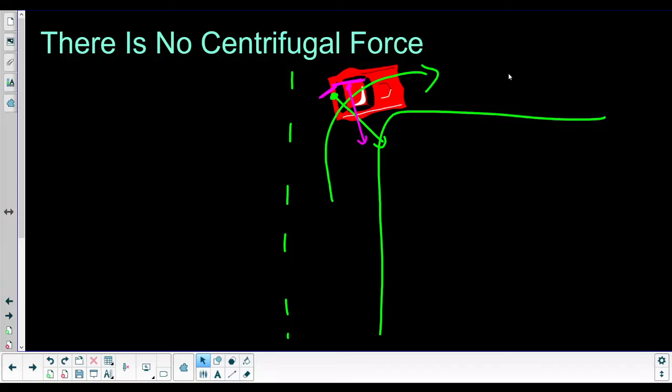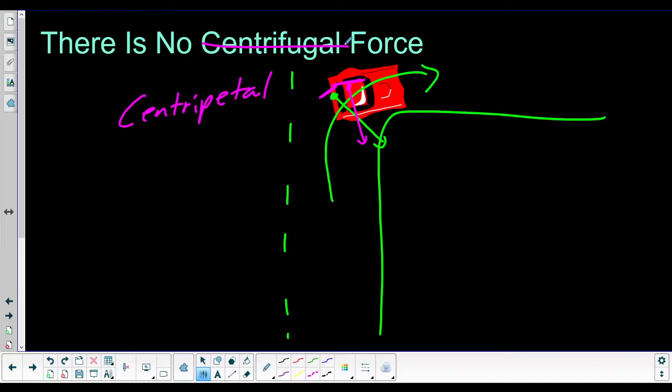You were just moving that direction to begin with. And now someone put this stupid car door in your way, and it's pushing into you because you ran into it. So now it pushes towards the center of the circle and provides a centripetal force, not a centrifugal force.